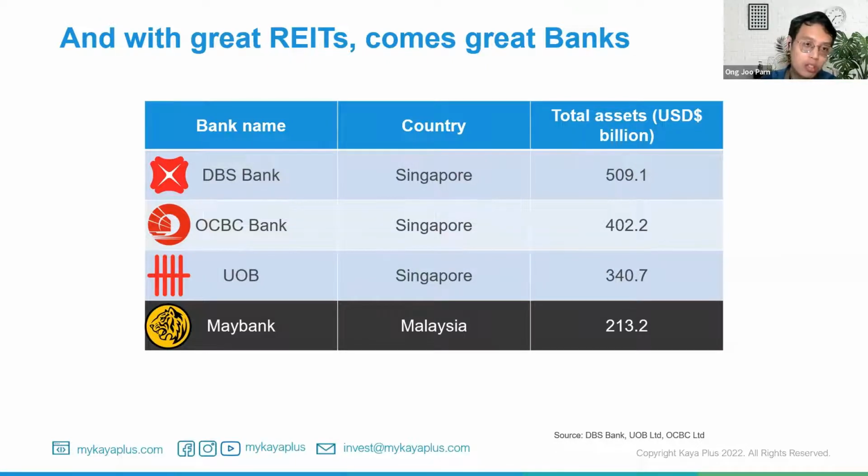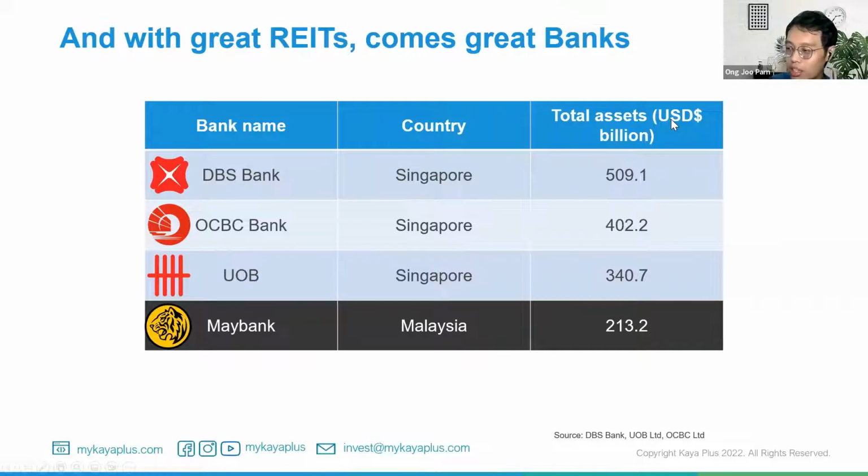And if you're curious how big the Singapore banks are, you can just take a look at the total assets. At the top, DBS Bank, 509 billion USD worth of total assets. OCBC Bank coming in second, 402 billion USD. Third place, UOB Bank, 340 or 341 billion USD in total assets.